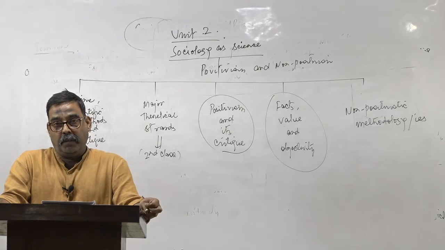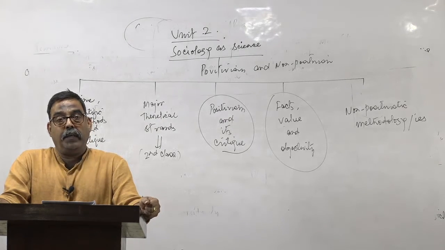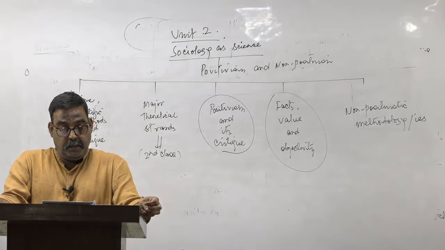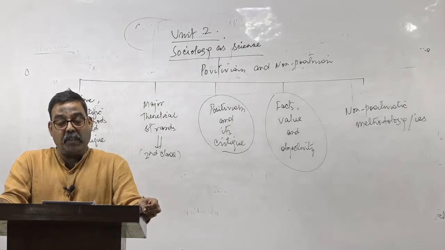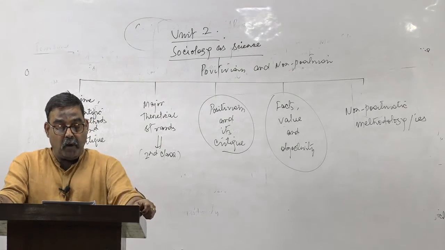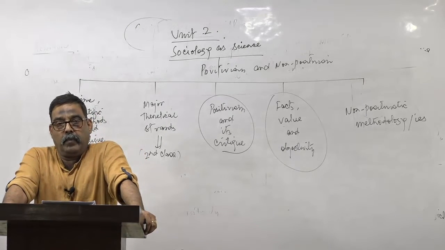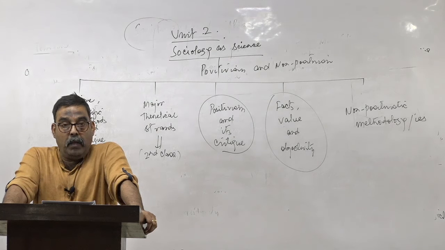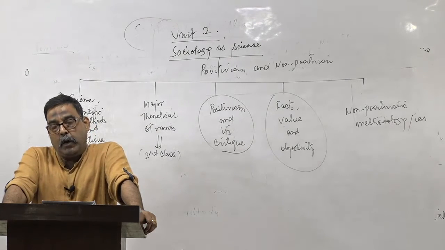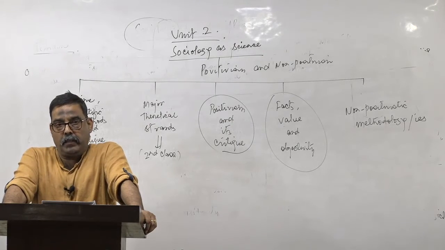It is argued that any discipline can be equated with science if it is empirical, has theoretical perspectives, logicality, cumulative knowledge, without being biased. And when I say without being biased, then we are talking about the perspective of neutrality.